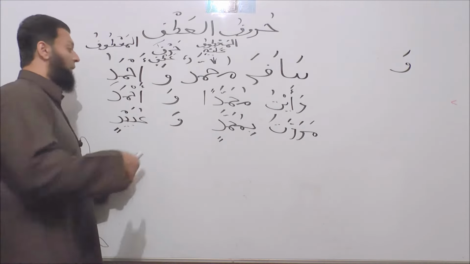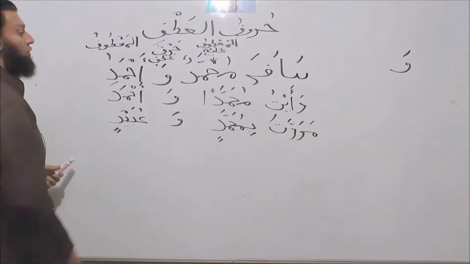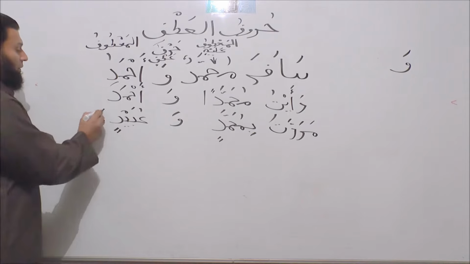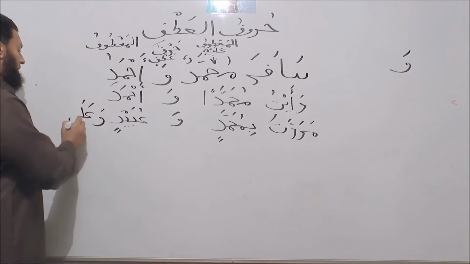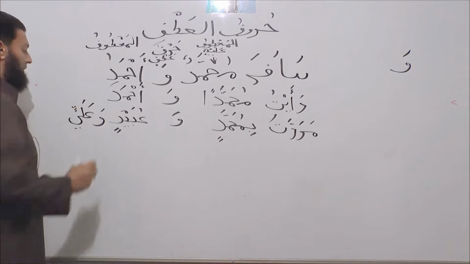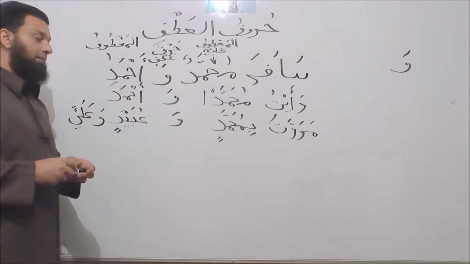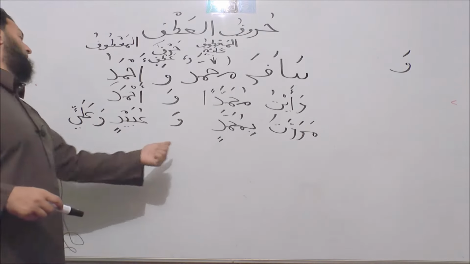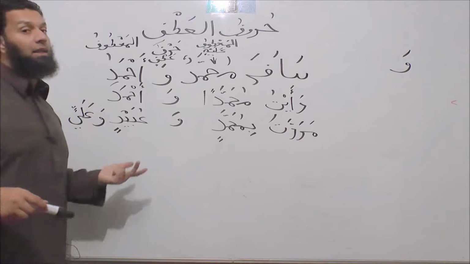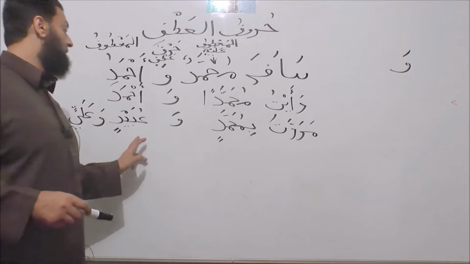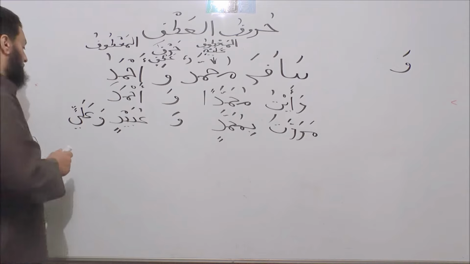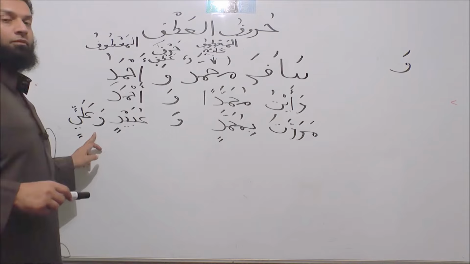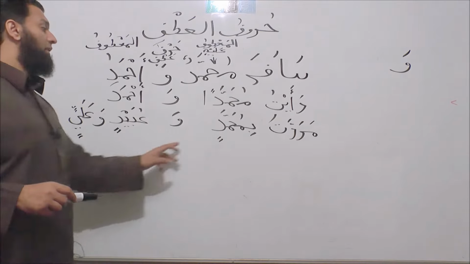And similarly, if we had other names here, marartu bi Muhammadin wa Ubaydin wa Aliyin. So now I passed by Muhammad and Ubaydin and Aliyin, and all of them are majrurun. So is Ali also ma'tufu ala majrurin?